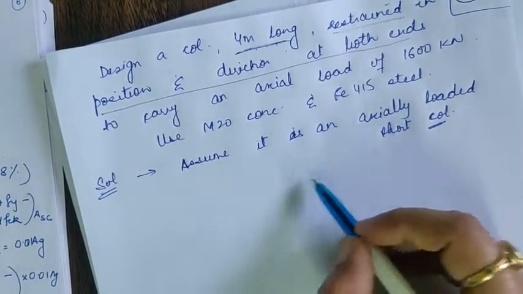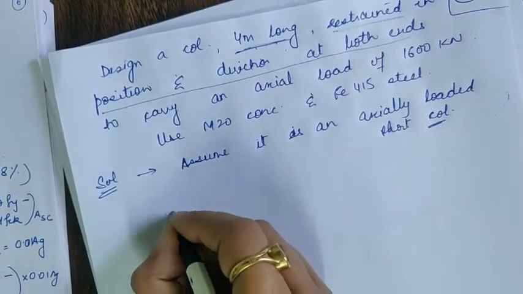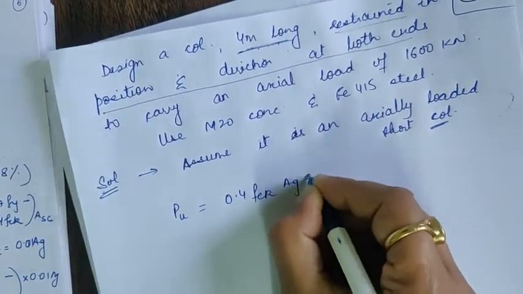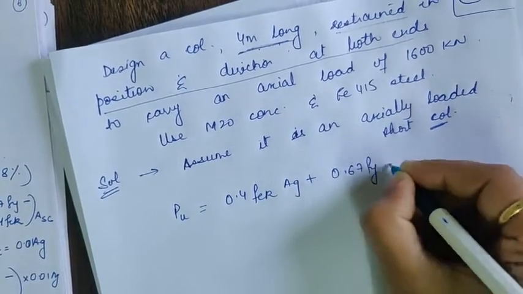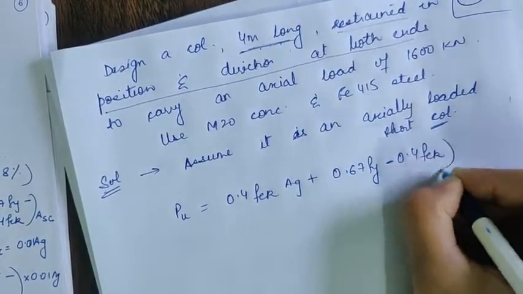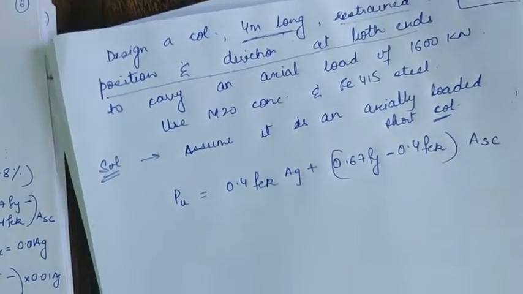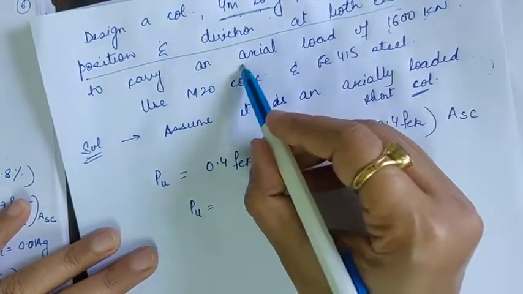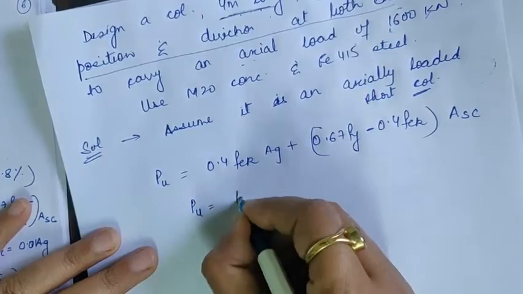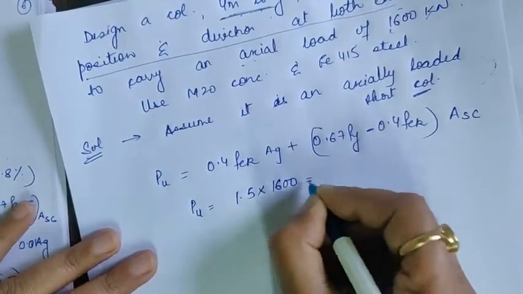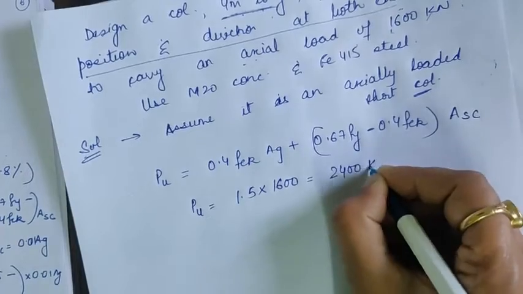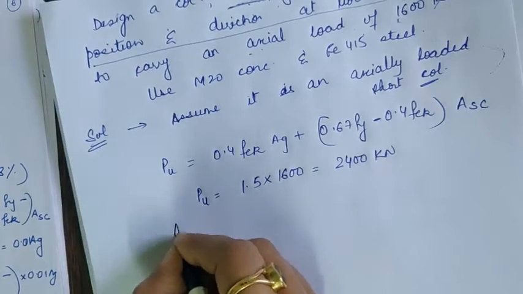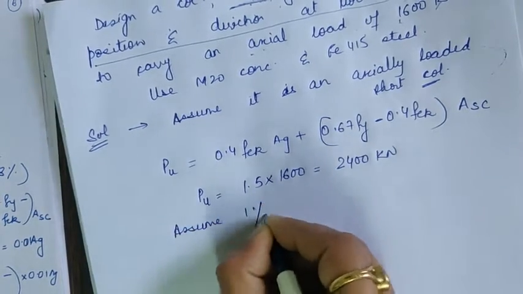So if we assume this to be an axially loaded short column, I'll be able to use Pu = 0.4 fck Ag + (0.67 fy − 0.4 fck) Asc. Pu is given as 1600, which is not a factored load. I'll make it factored by multiplying with 1.5, so it comes out to be 2400 kilonewton. I am assuming that we are using 1% of steel.